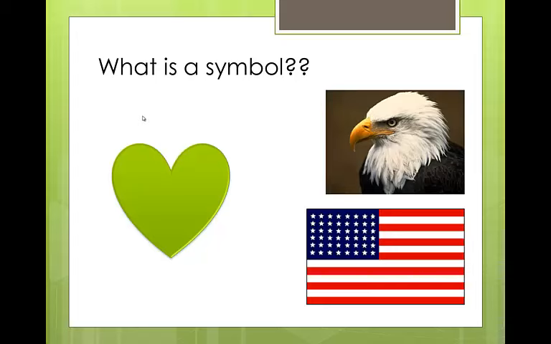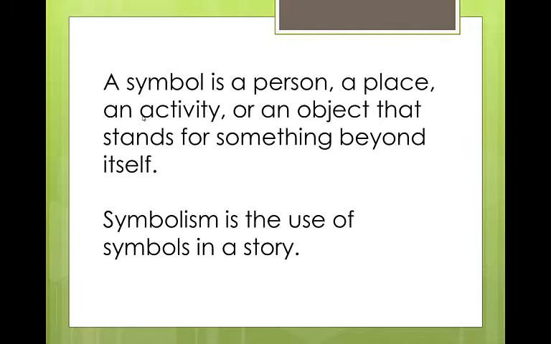That eagle is just a living, breathing animal. It lives its life, it goes about its business, but it means something beyond that. That flag, it's just a piece of fabric, but it has been given meaning beyond its actual physical self. So that is what a symbol is, and those are real life symbols.